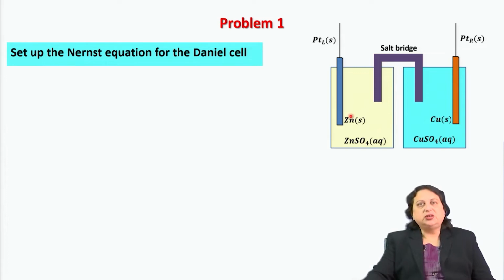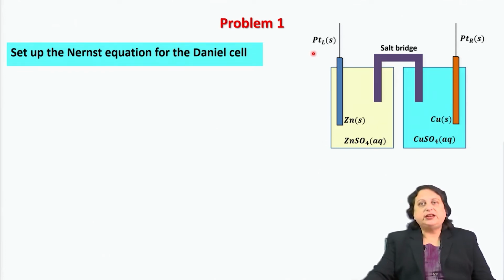In this solution, a rod made up of solid zinc is dipped, and this is connected to a platinum wire, which I represent here by writing Pt_L solid. Now, why do I write L? It is a platinum wire, therefore it is in the solid state, but that subscript L tells me that this platinum wire is connected to the left hand side compartment of the Daniell cell.